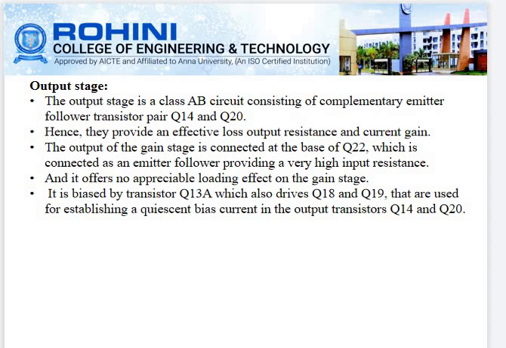Output stage. The output stage is a class AB circuit consisting of complementary emitter follower transistor pair Q14 and Q20. Hence, it provides an effectively low output resistance and current gain. The output of the gain stage is connected at the base of Q23, which is connected as an emitter follower, providing a very high input resistance, and it offers no appreciable loading effect on the gain stage.